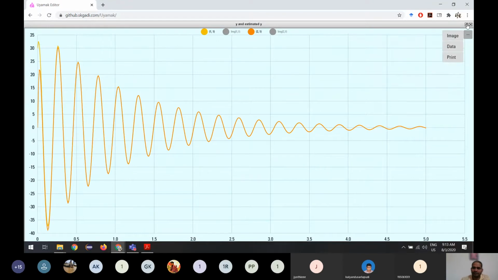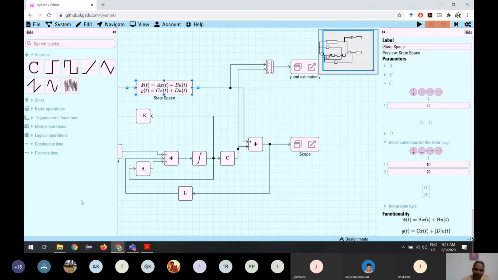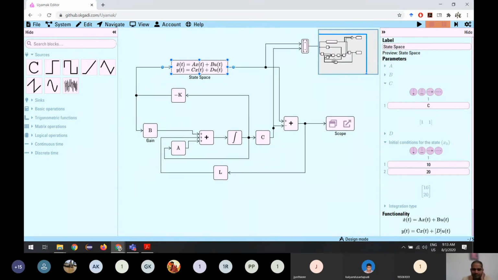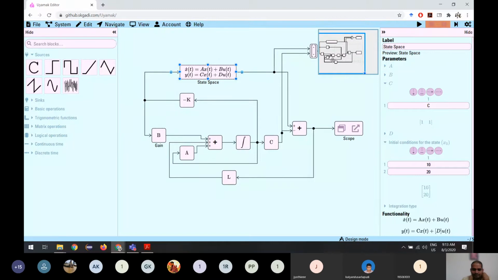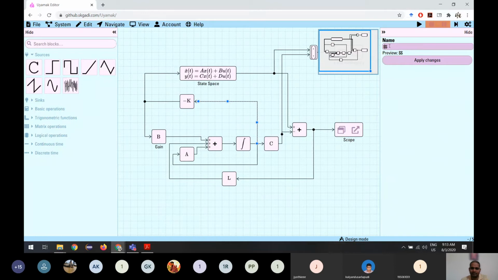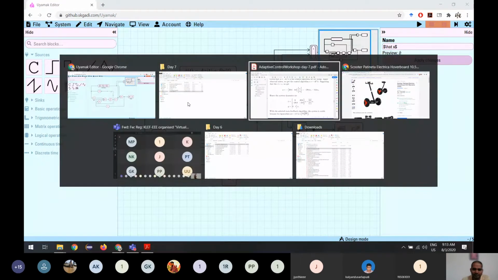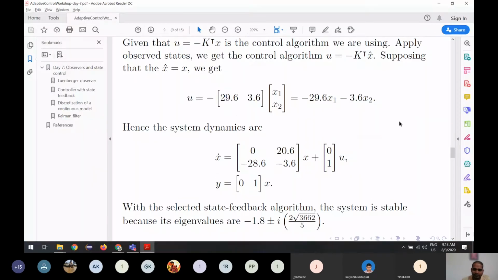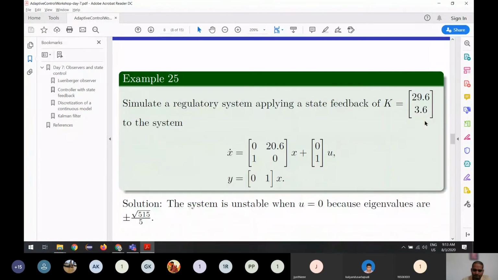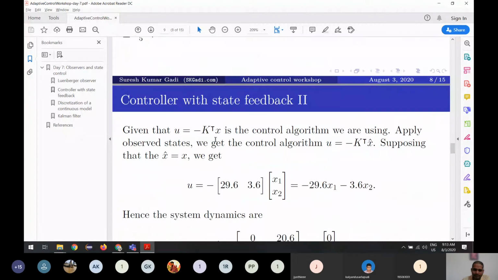Okay, this is how we apply these observers. We are observing here and we are estimating the values of X. So what we are getting here is the X estimated value. We call it X cap. So this X cap we are multiplying with K. So that's the control algorithm we are applying. The control algorithm is minus K times X cap.